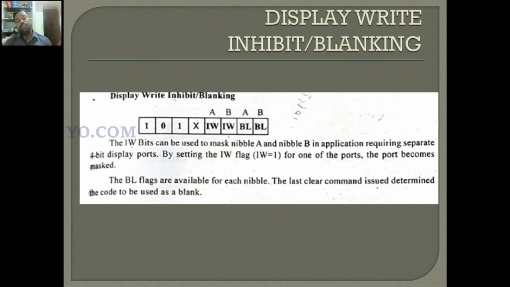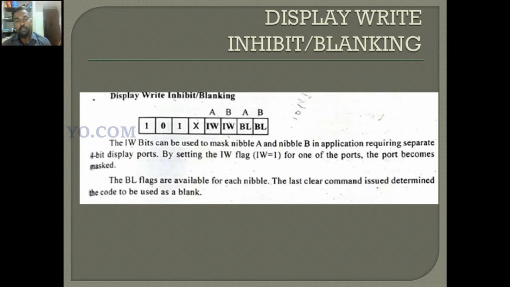A nibble means 4 bits. We have two outputs, output A and output B, and these two are display outputs. Combined, A and B act as an 8-bit port, or otherwise as two 4-bit display ports. By setting IW equal to 1 for one of the ports, that port becomes masked.